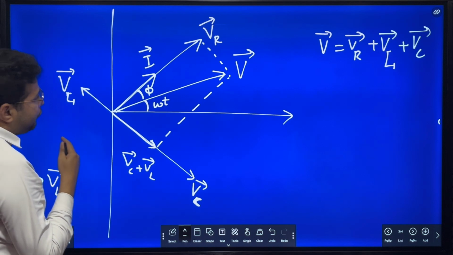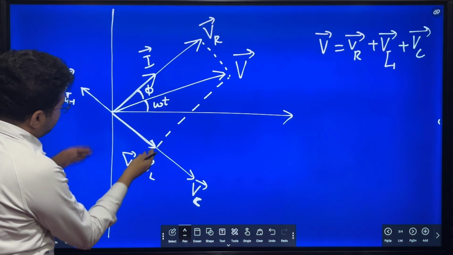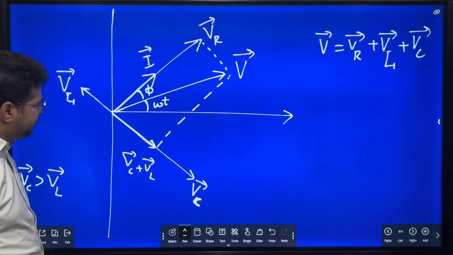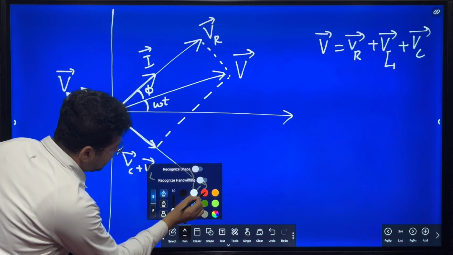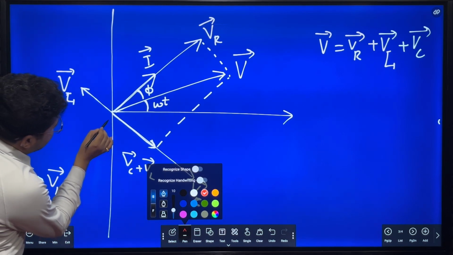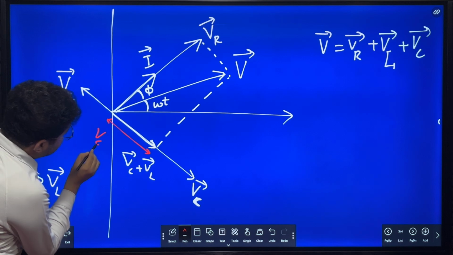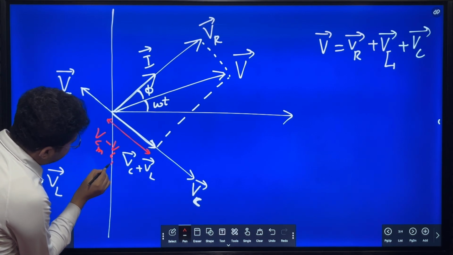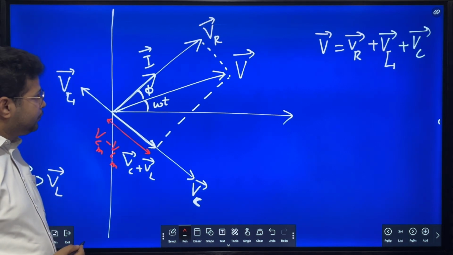So what is the length of this? VC minus VL. The length of this is VCM minus VLM.